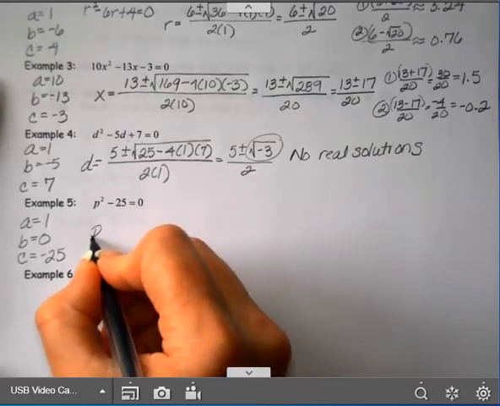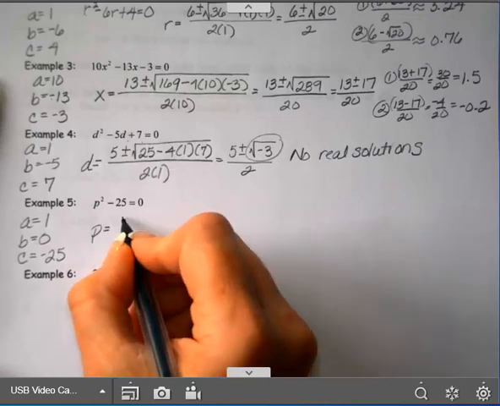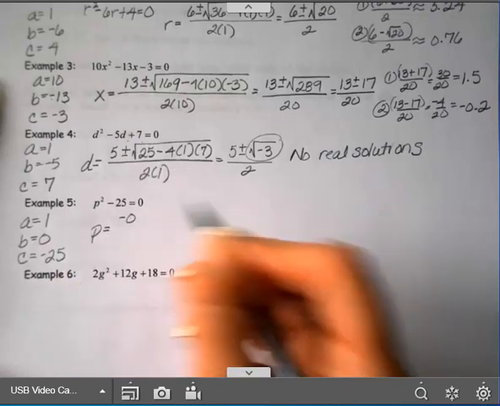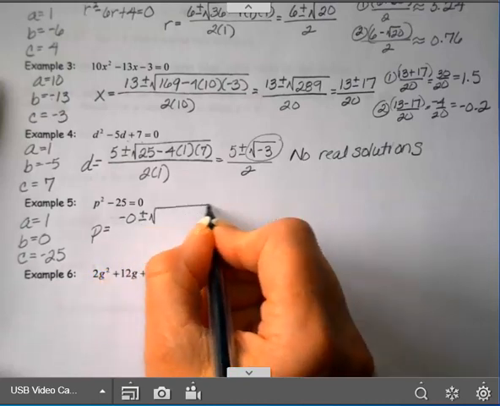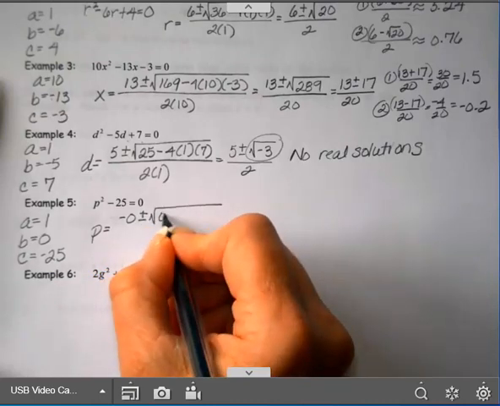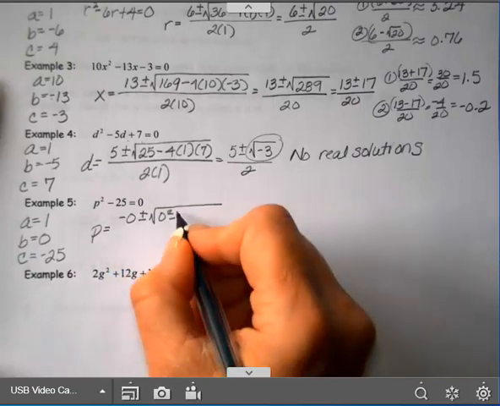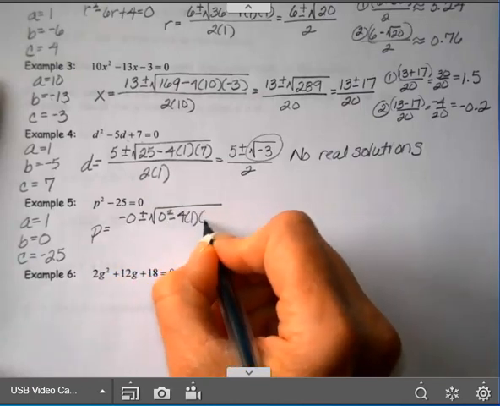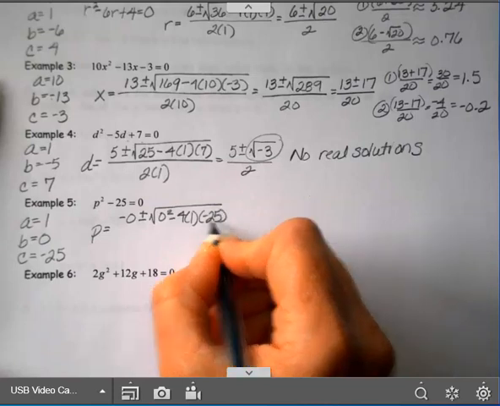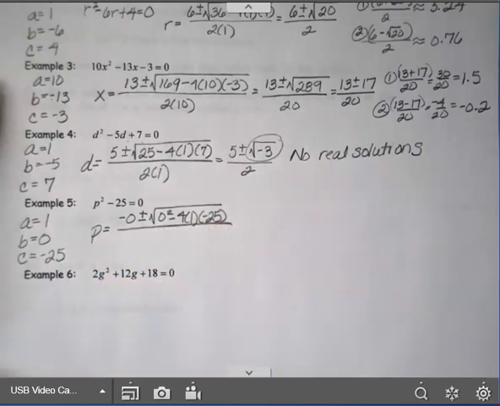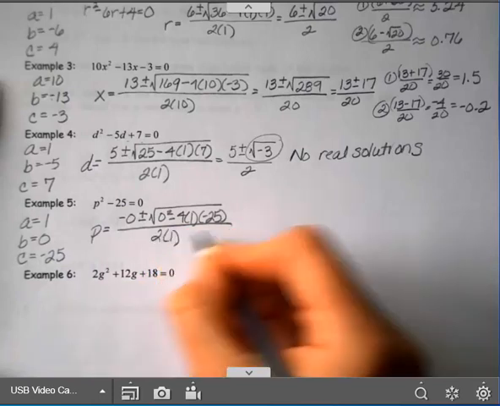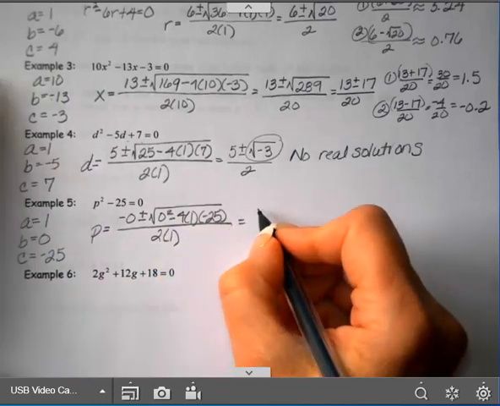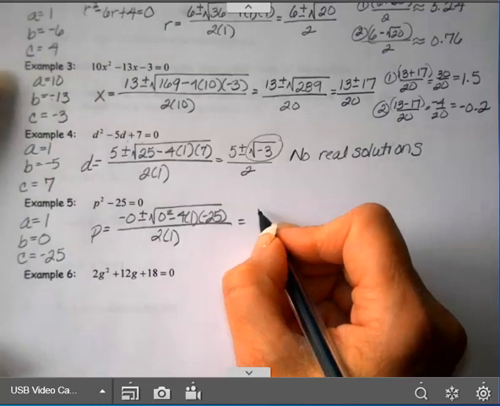So p equals the opposite of b, so negative 0, plus or minus the square root of 0 squared minus 4 times a times c, all over 2 times 1. So then negative 0 is the same thing as 0, so that just goes away.